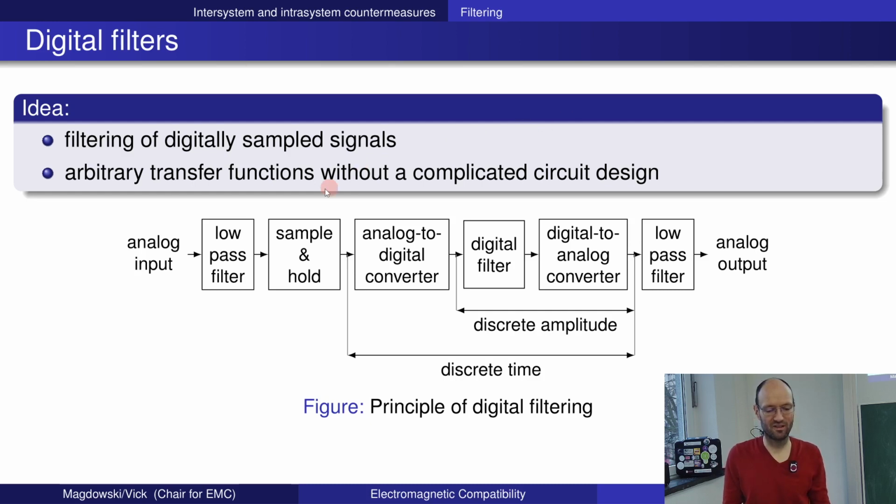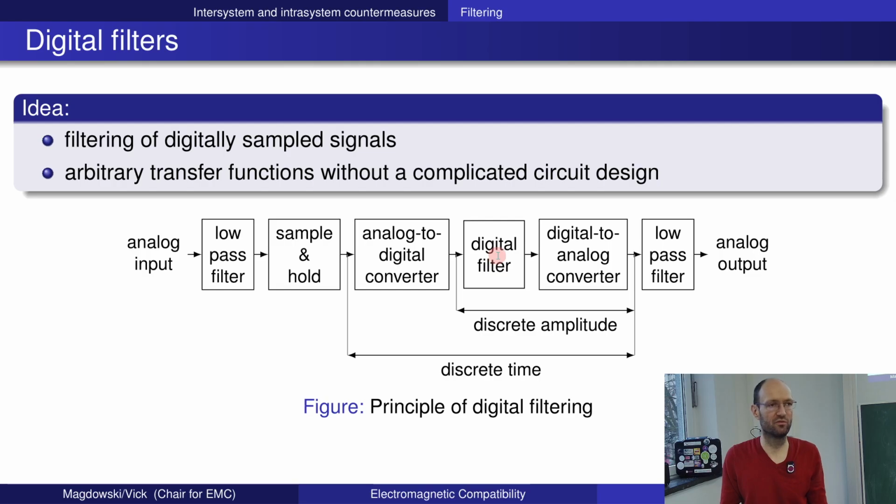And it works like this, that of course we still want to have some analog input and some analog output, but in between we take a low pass filter to do some sample and hold analog to digital conversion, and then we have some digital signal. So here we already have discrete time, here we have discrete amplitude.